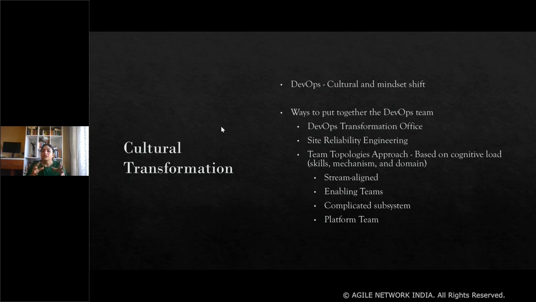For example, skateboard, cycle, scooter, car, or you can also call it crawl, walk, run, fly. These are all maturity levels defined on the basis of the maturity definitions. The teams can identify their current maturity and target reaching another level of maturity within a given timeline.